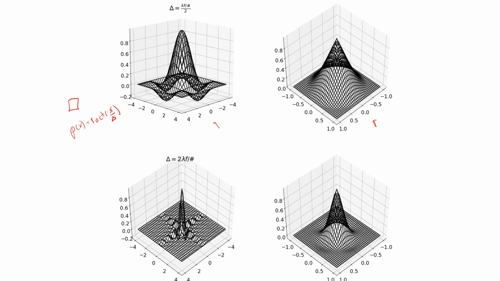Then we see that on this same scale of 1 over lambda f number, the bandpass of the pixel is much less. And if we plot here the system transfer function, where again the units here are 1 over lambda f number, that's why the extent goes out to 1 over lambda f number equal 1 up here. Down here you see that the system transfer function is reduced. If we undersample, the system becomes band limited by the pixel instead of by the optics.